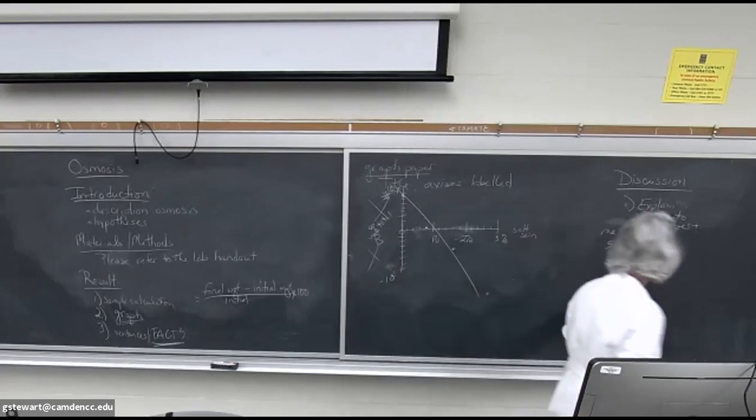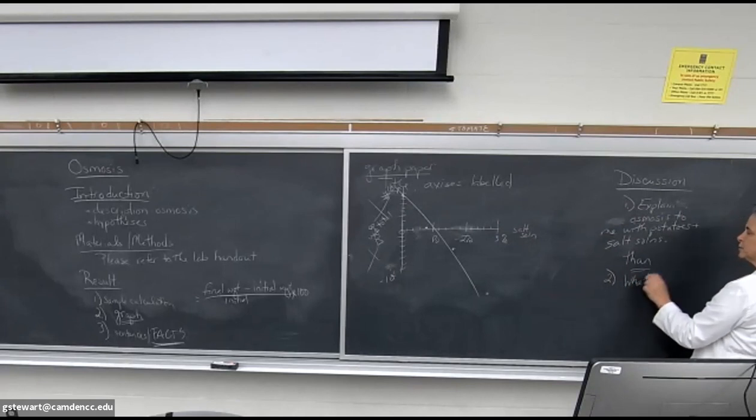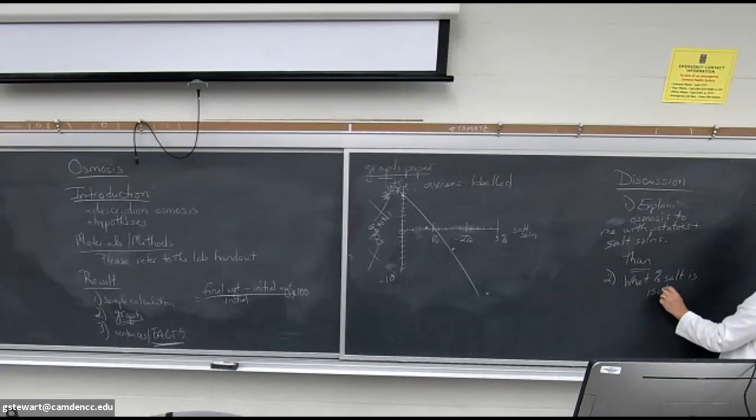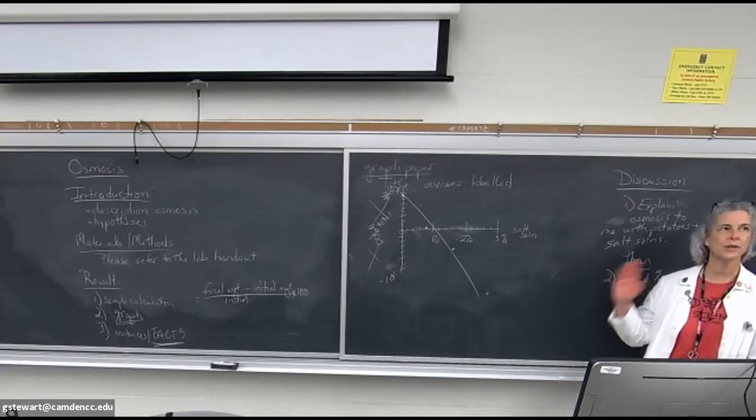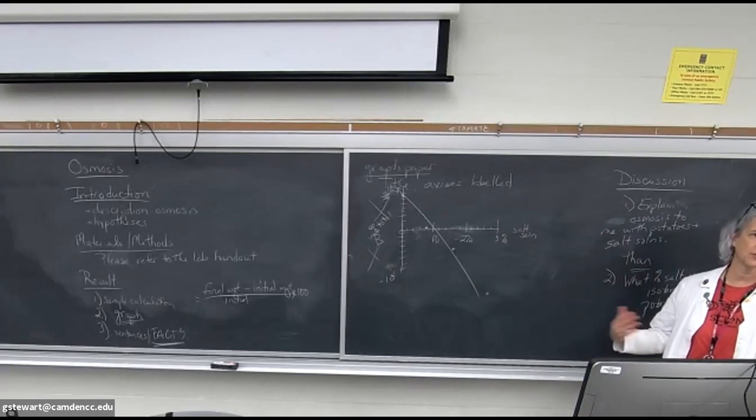The second thing that needs to be in your discussion is what % salt is isotonic for your potatoes. And the answer to that question is where your line crosses X. We are doing an interpretation or an extrapolation from the data we collected.